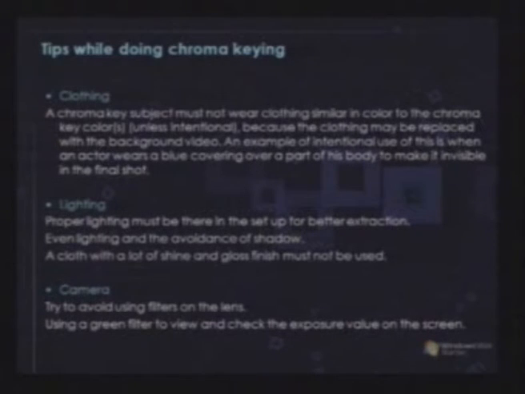If your character has a lot of blue color in the clothing, say the king is wearing a blue colored gown, and we are going to shoot him on a chroma screen, because the king's palace is not there in actual and we are going to have an image of that background palace, and if it is essential that the king has a blue colored gown, what we need to do is put a green screen at the back of that king while shooting, so that the blue is not affected.